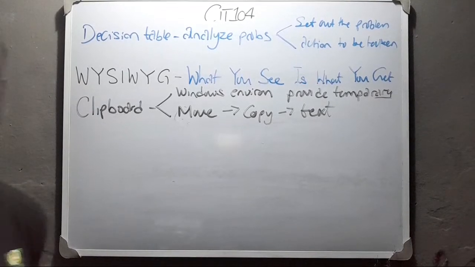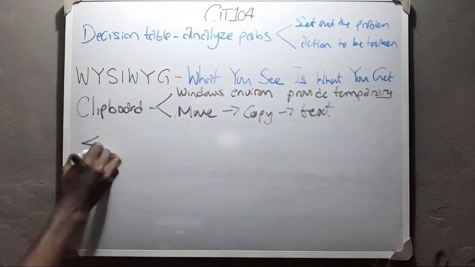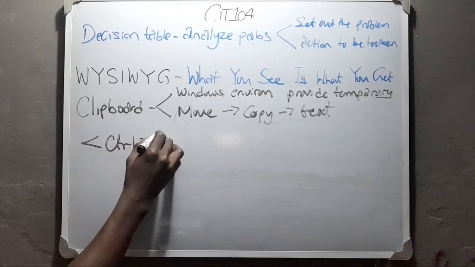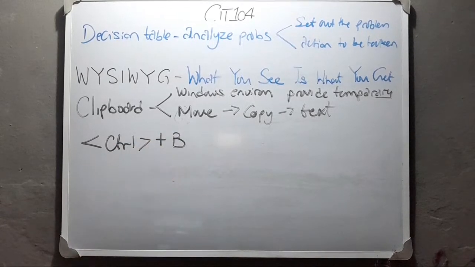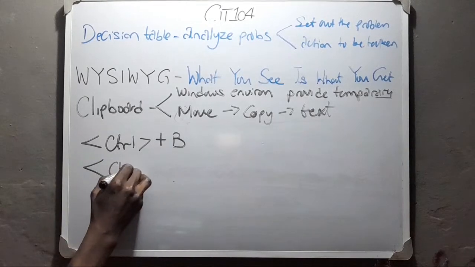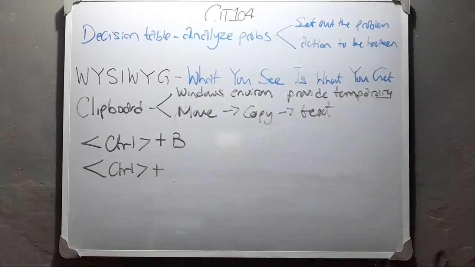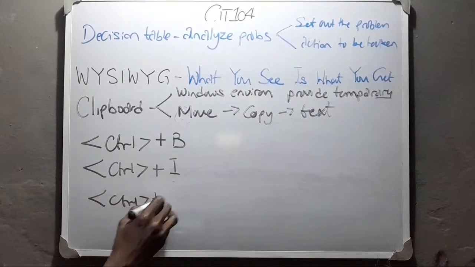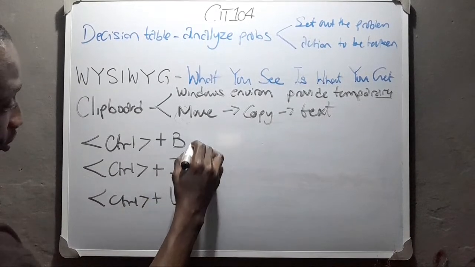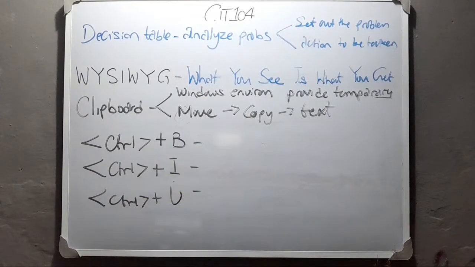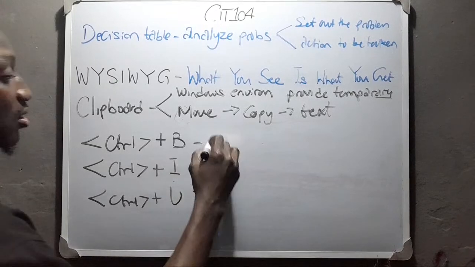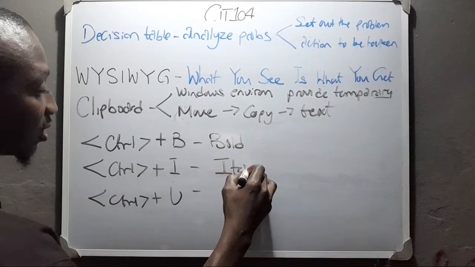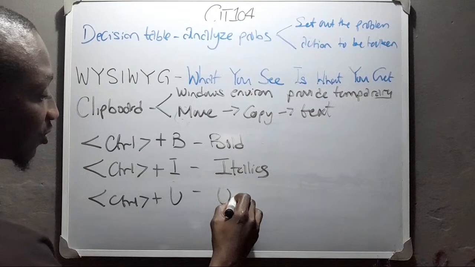Let's also take into cognizance Control plus B, Control plus I, and Control plus U. So this gives us bold, this gives us italic, and this gives us underline.